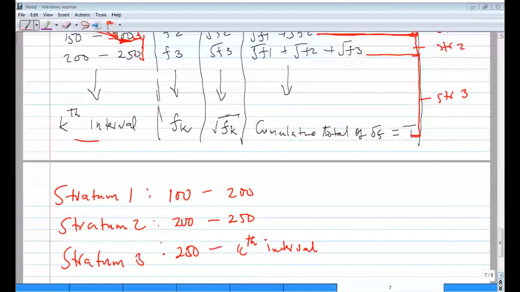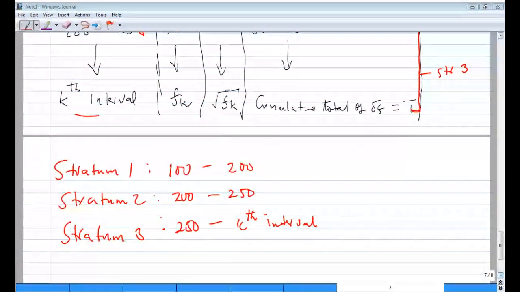So let's quickly go to the example on page 33, example 4.10. We have an example there. For those who have lecture notes, page 33, example 4.10. It says an investigator wishes to estimate the average yearly sales for 56 farms.